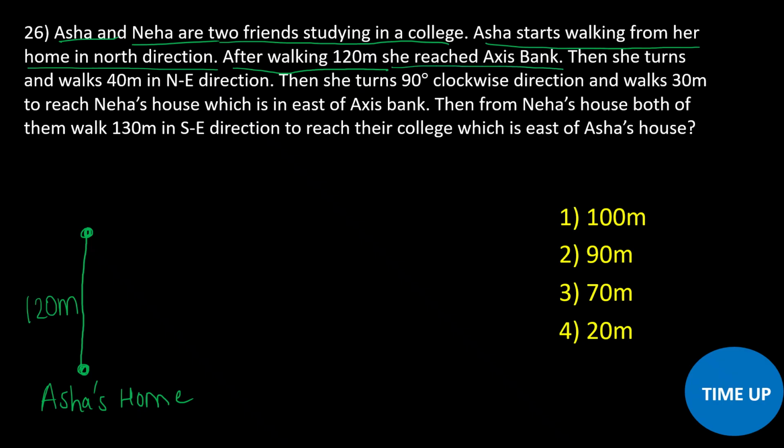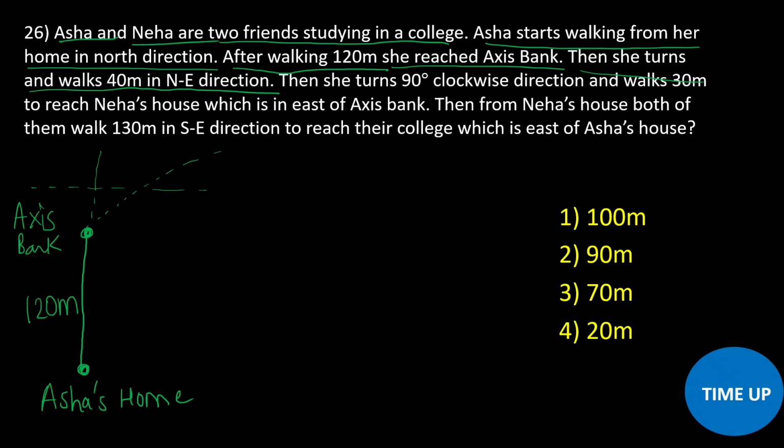Then she reaches the Axis Bank. Then she turns and walks 40 meters in the northeast direction. This is north, this is east. This will be your northeast direction.